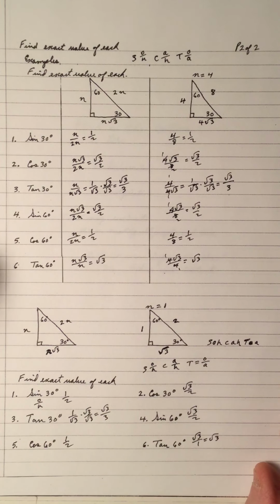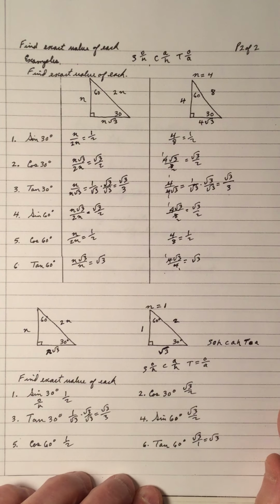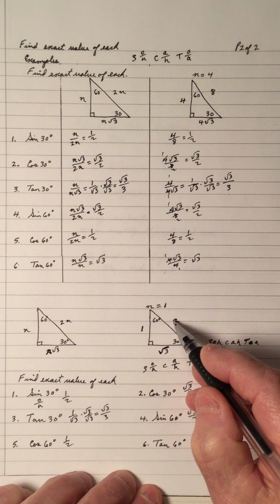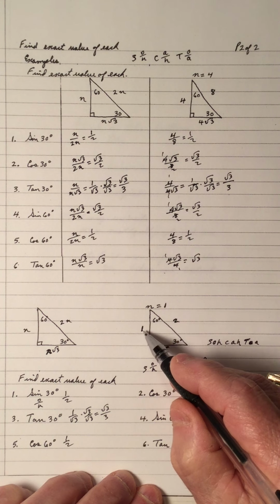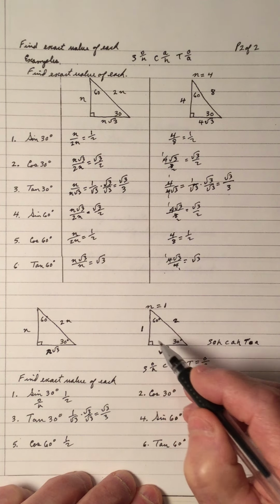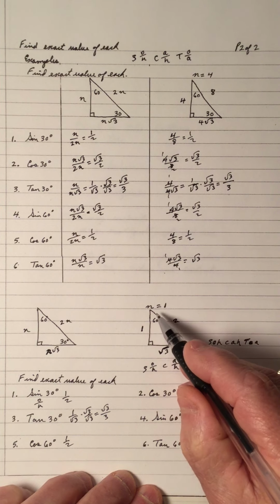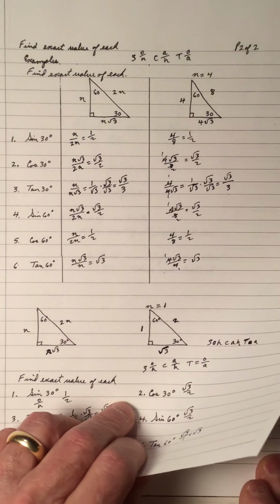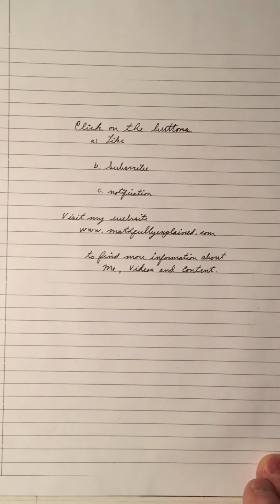Again, this is the triangle that I have learned that I'm going to use in all my trig. Opposite 30 is 1, opposite 90 is 2, opposite 60 is root 3. And I will use that triangle for trig.